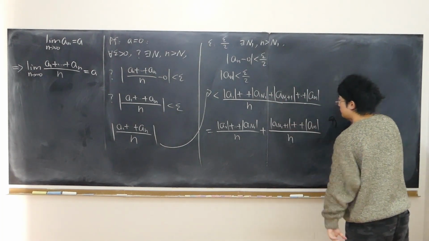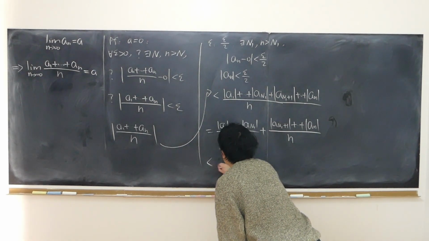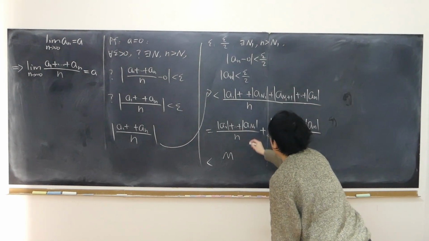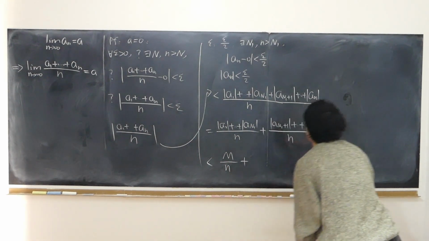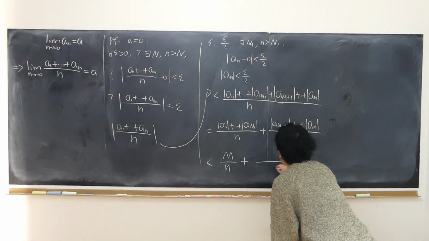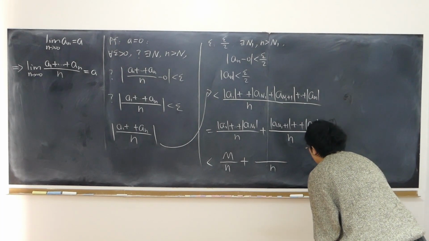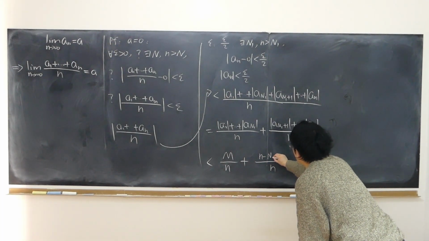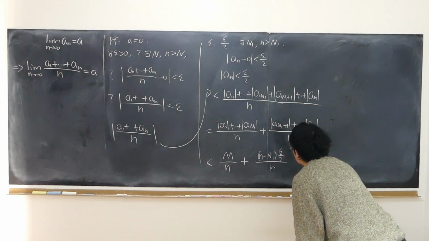So this whole expression can be smaller than M over little n, plus every member replaced with half epsilon. How many of them? Exactly little n minus capital N1 many of them, times half epsilon.